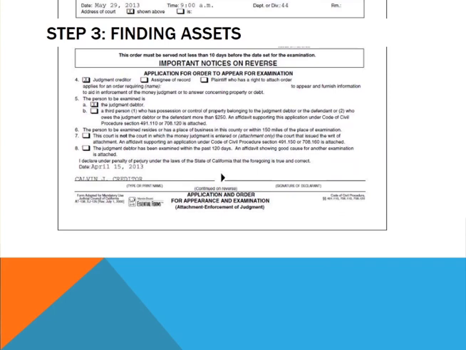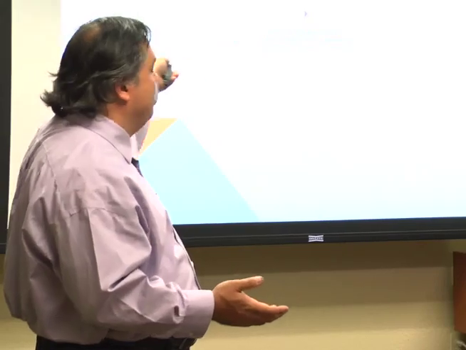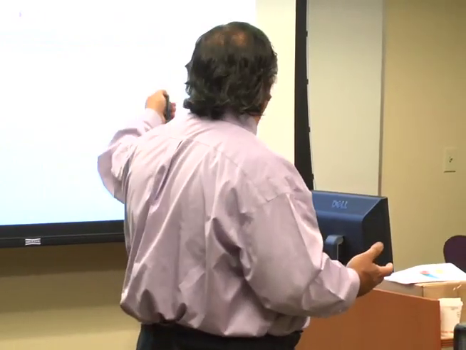You're going to indicate the name of the person you're seeking the order against, who they are, that they're the judgment debtor, and there are a few boxes to indicate whether or not this isn't the court in which the judgment was entered, or whether there's been another examination in the previous 120 days.